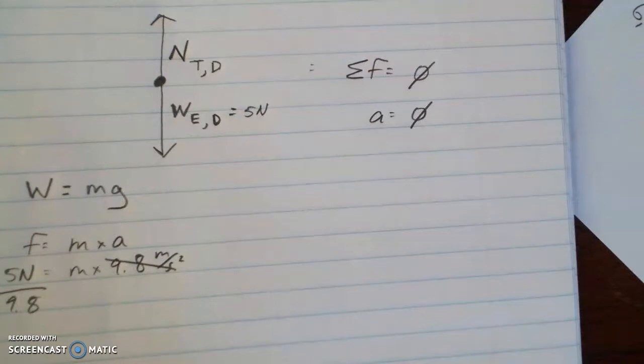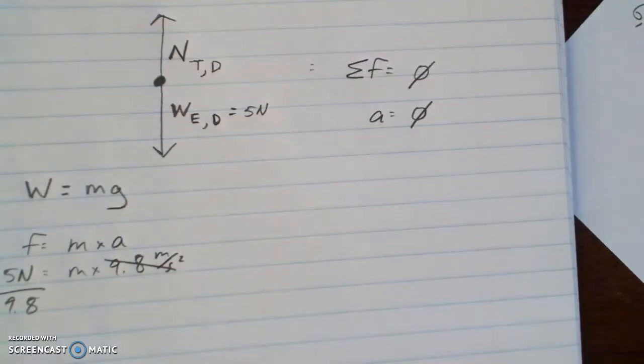That is a key idea. So if you learn one thing from this video, balanced free body diagrams mean 0 acceleration. Imbalanced free body diagrams mean there is some sort of acceleration. You got to have acceleration.